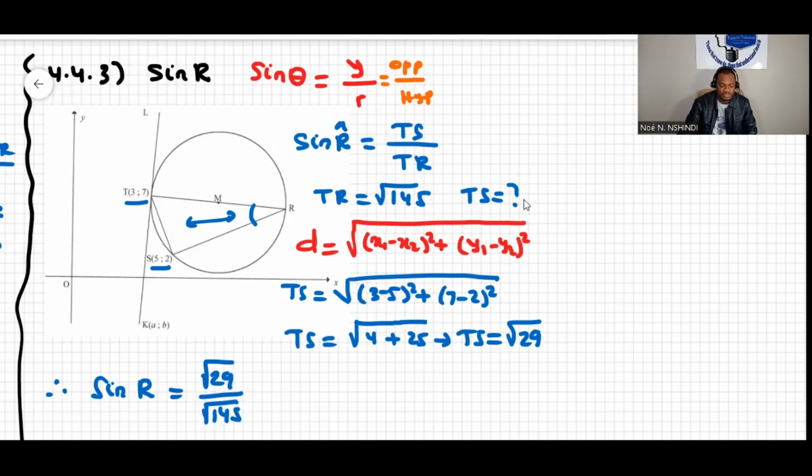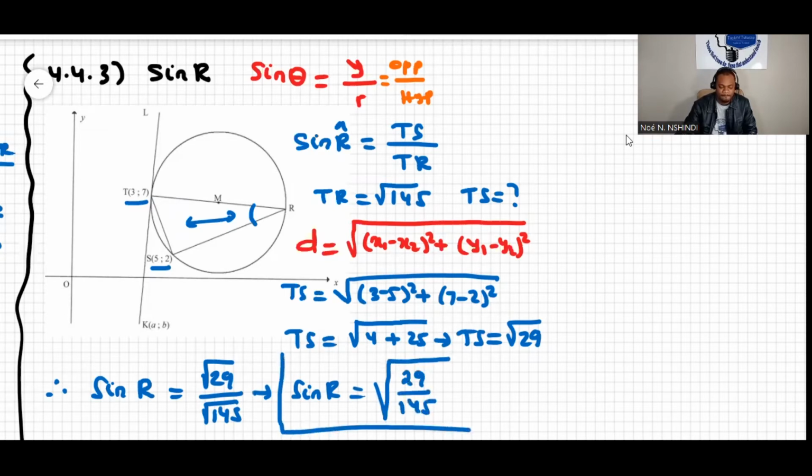This can be written within one square root, so sine R is equal to the square root of 29 over 145. So that's sine R. Et voilà.